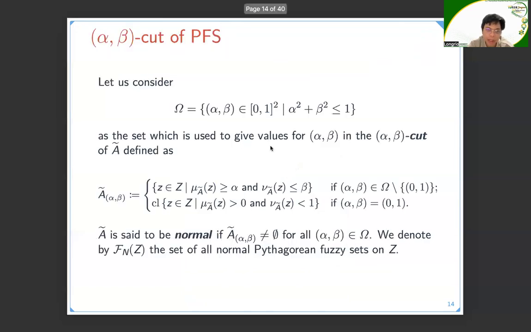And the alpha beta cut of a Pythagorean fuzzy set is defined similarly. This PFS is said to be normal if the alpha beta cut is non-empty for all alpha beta in omega. So omega is this larger area.